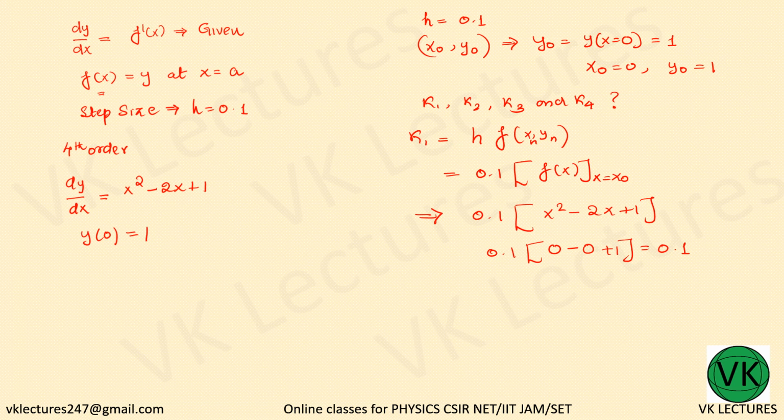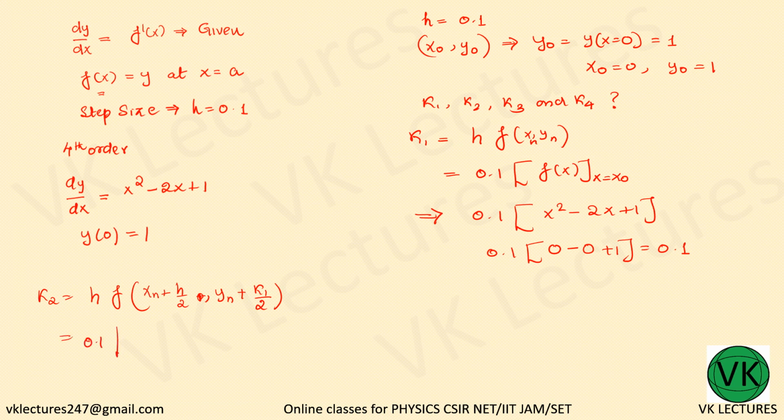Now k2 is equal to h times f of (xn plus h by 2, yn plus k1 by 2). K stands for the value of y. Again the h value is 0.1.